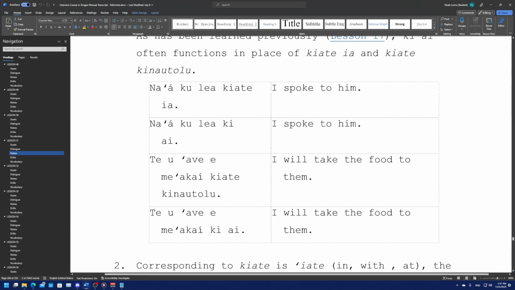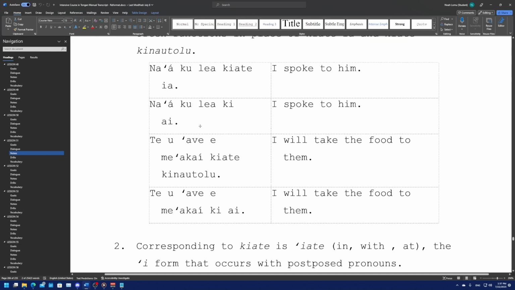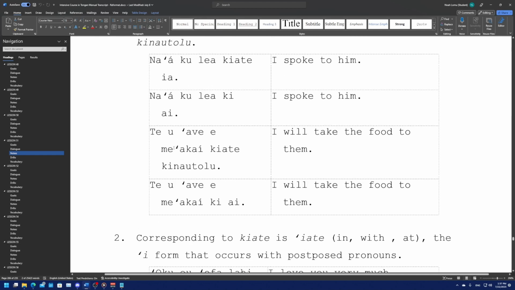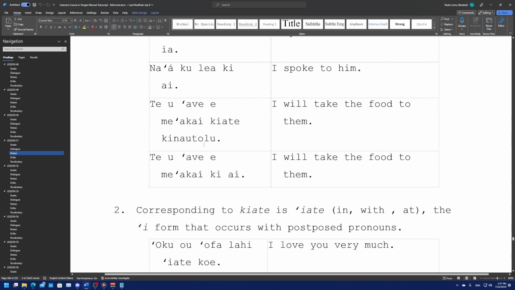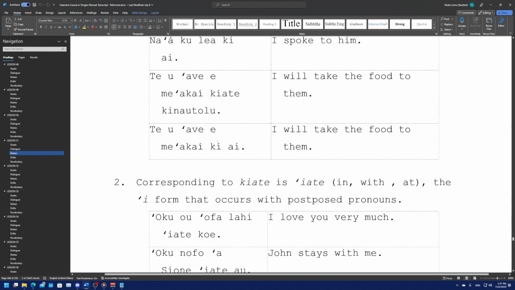So nakule kiateia can be replaced with nakule kiai. And similarly, teo ave me akai ki te kinatolu can be replaced with teo ave me akai kiai. So I can replace singulars or plurals.